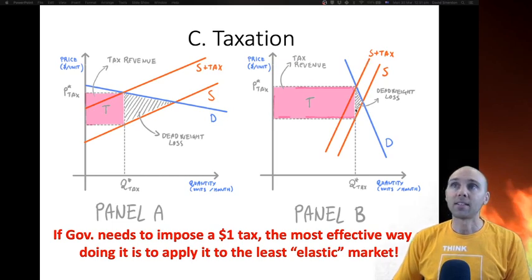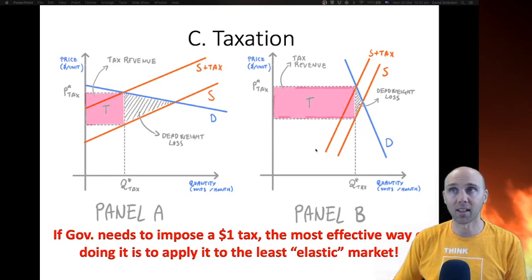Notice that the vertical distance, the marginal tax on each unit is exactly the same in both. So the government's imposing the same per unit tax in both situations, it's just that in this market the supply is inelastic. Well, now at this new point, quantity hasn't decreased by much.